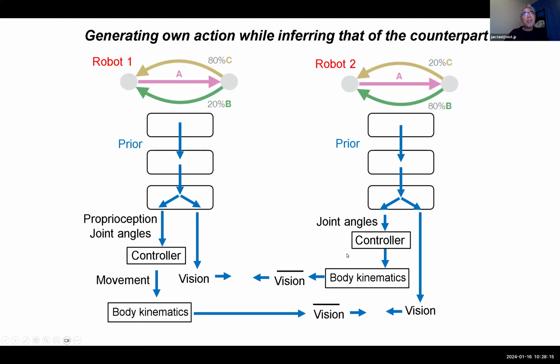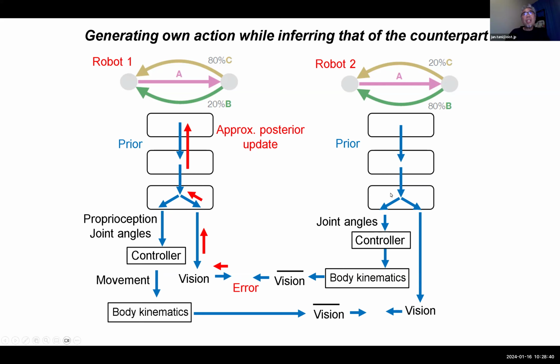So this robot is predicting robot two, and actually sees the visual image. If the prediction goes wrong, an error is generated. The error is bottom-up, and then the posterior is updated to minimize free energy.